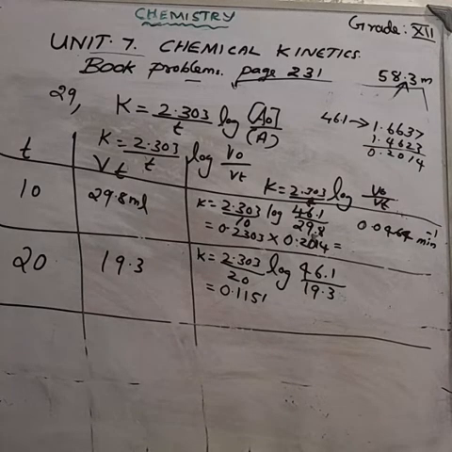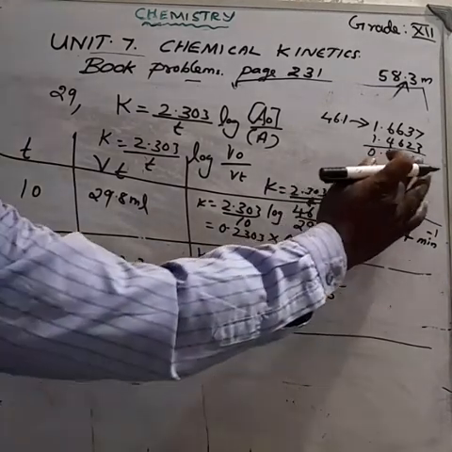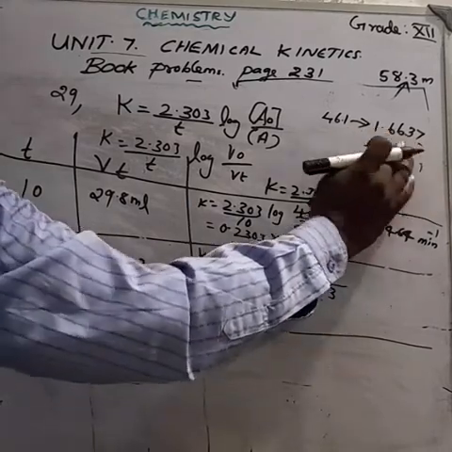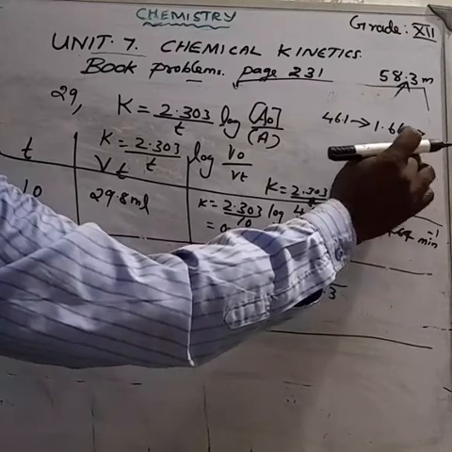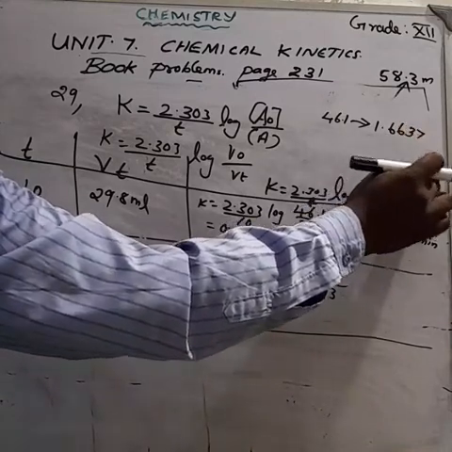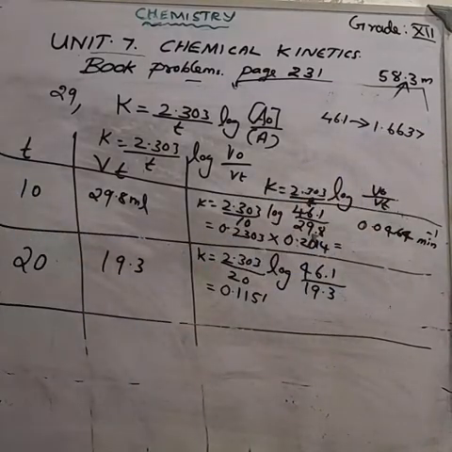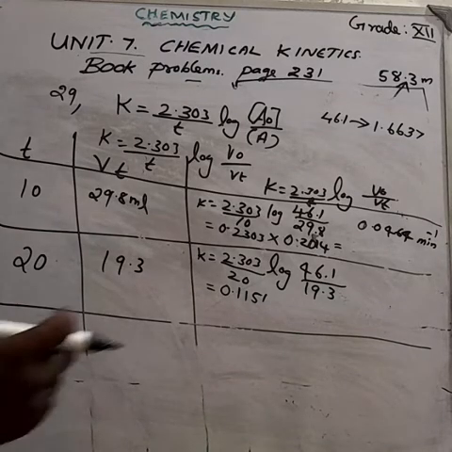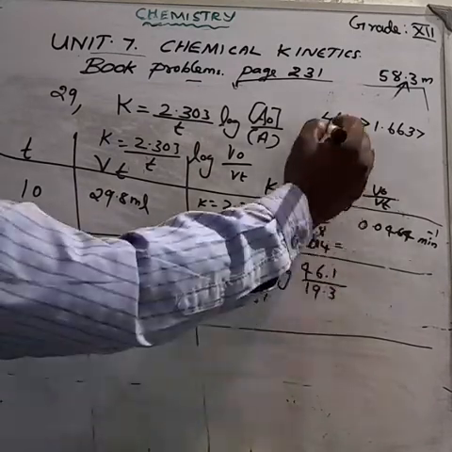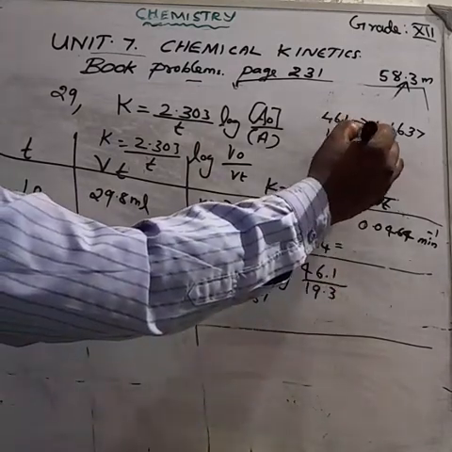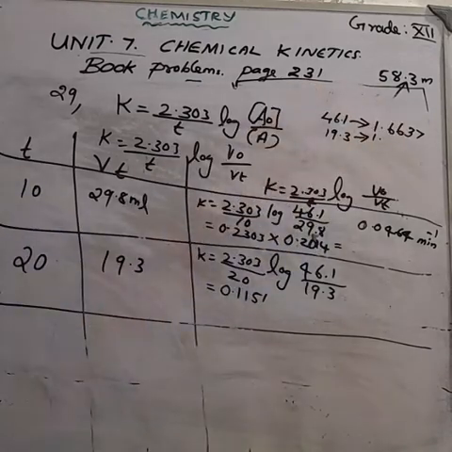Next we are going to take the log of 46.1. Log of 46.1 is equal to 1.6638. Next, log of 19.3, not 20, log of 19.3 is equal to 1.2855.